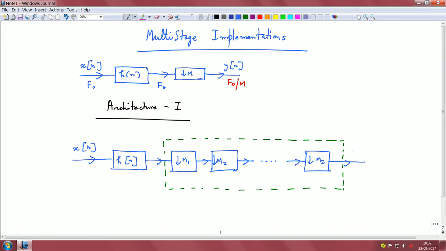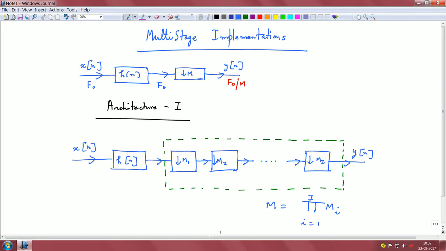This is my y of n. M is basically broken down into capital I number of stages, and we know what happens to the frequency response at the output of each of these downsamplers. We know those effects.